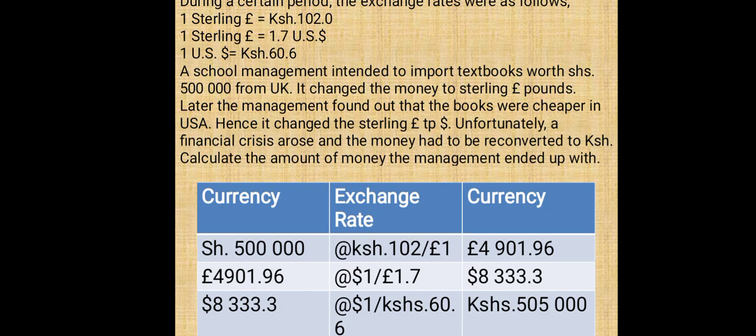Now, when they convert sterling pounds to dollars at a rate of 1.7, they got $8,333.3. Now, when the crisis arose, they translated those $8,333.3 to Kenyan shillings at a rate of 60.6. So they got Kenyan shillings 505,000.